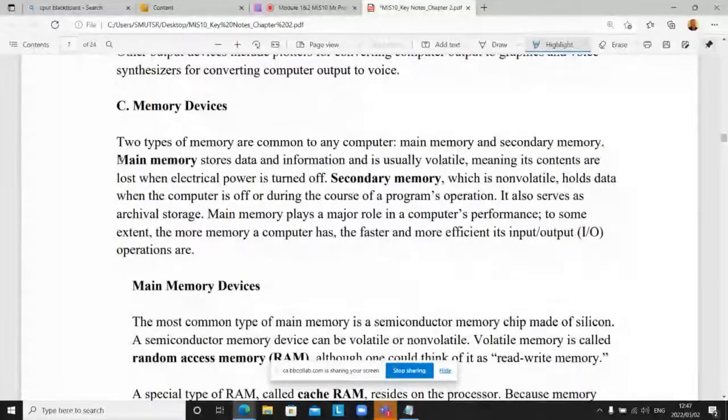Memory device. Now they're looking at it in a new way. Main memory is usually volatile, and secondary memory is non-volatile. Now, don't let this confuse you guys.